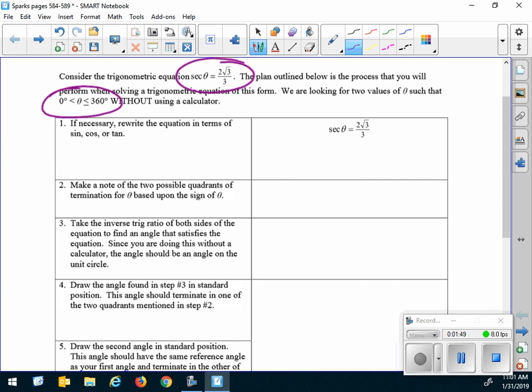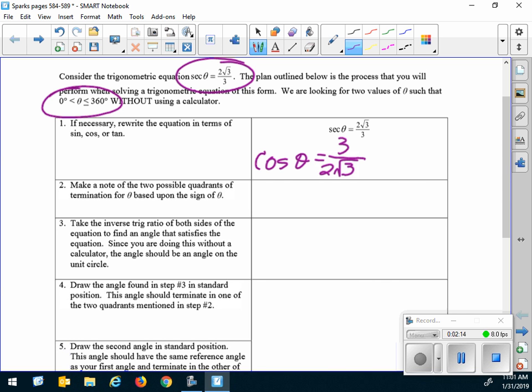Now, here we go. If necessary, rewrite the equation in terms of sine, cosine, or tangent. Isn't that what I've told you to do all along? Okay. If you know what the secant is, let's figure out what the cosine is. What is the cosine? Yep. It said not to use a calculator.